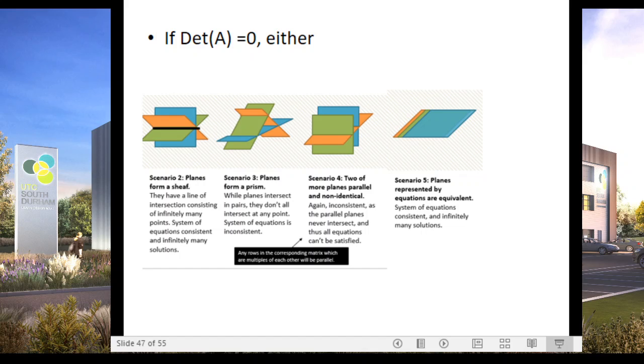If the determinant of A is equal to 0, I'm in one of these four situations. I could be in a sheaf, I could be in a prism, I could be in two or more of the planes are parallel, or I could be in all three planes are coincident. So really understanding this means that we're going to be able to differentiate between all these scenarios. Let's see how to do that.